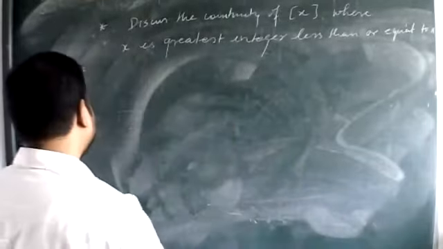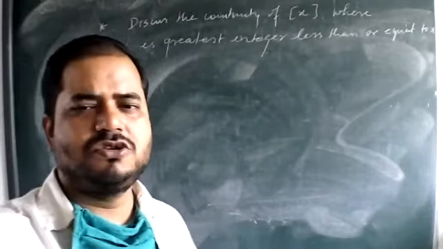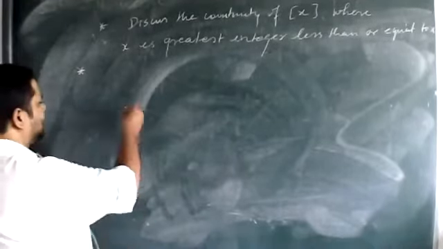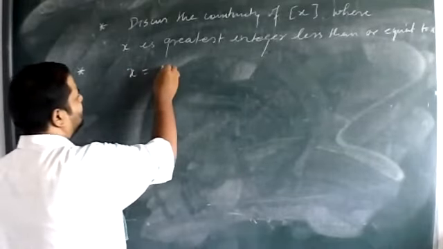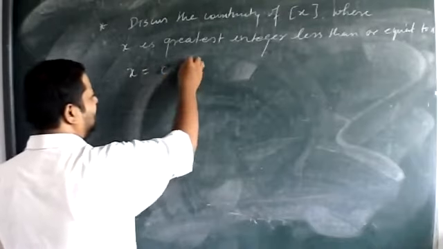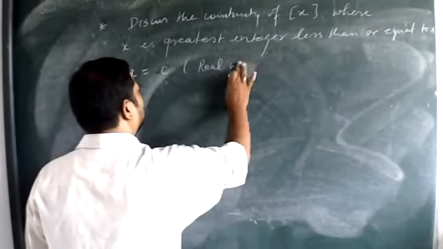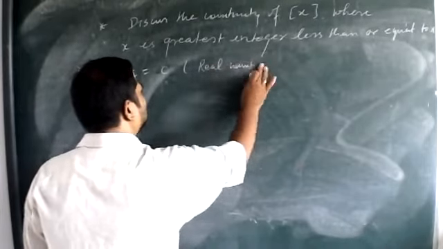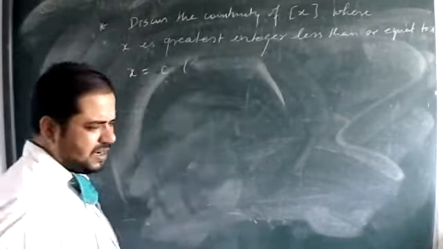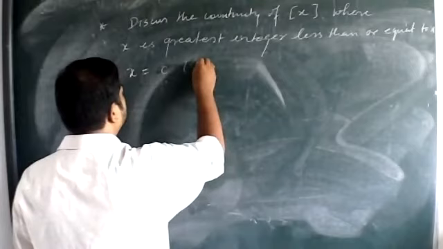So that's why there are two cases. See, there are two cases. First, x is equal to c, and c is a real number. Actually, you can tell it as integer and non-integer, integral point or non-integral.